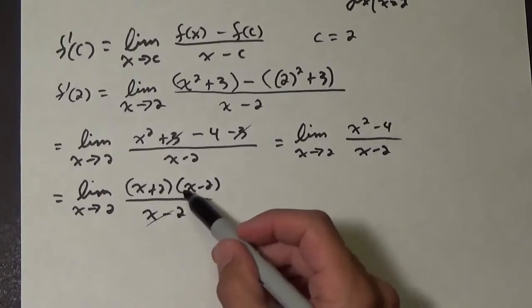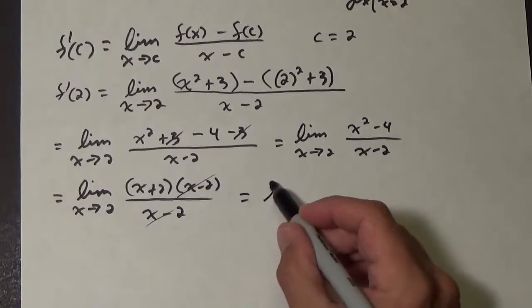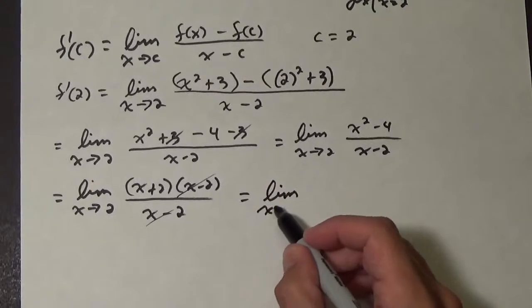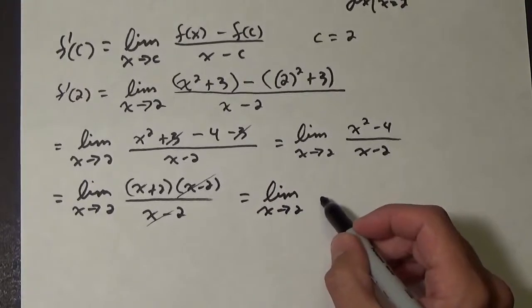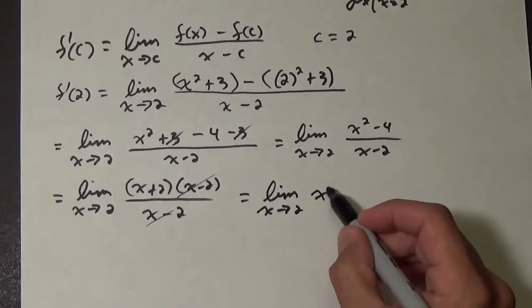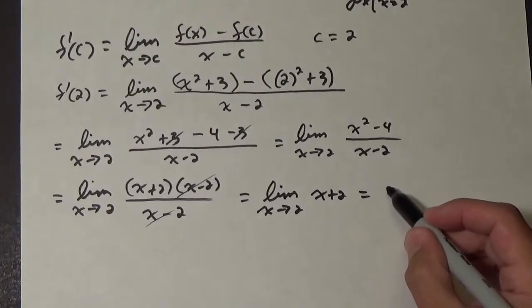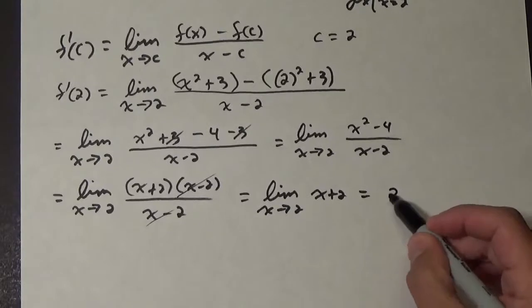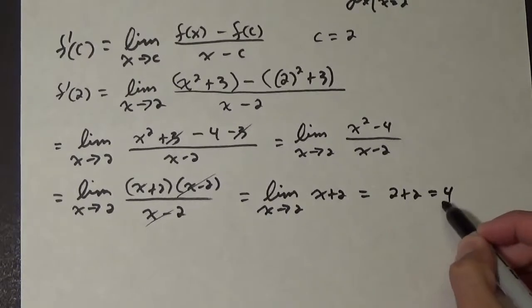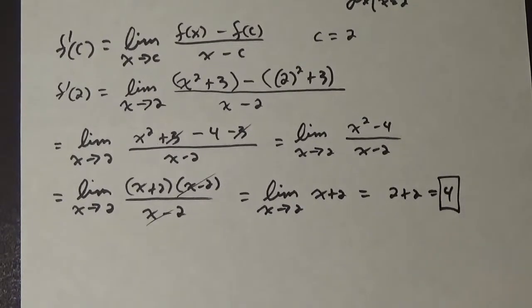The x minus 2's cancel out, and so we end up with the limit as x approaches 2 of x plus 2, which is, now we can do substitution, so that's 2 plus 2, which is 4. And so there is basically the slope of the tangent line at that point.